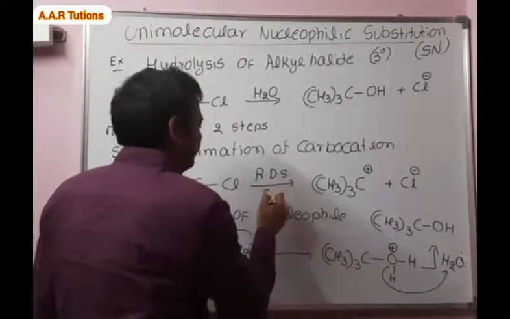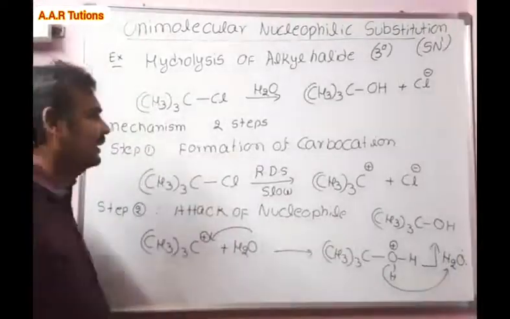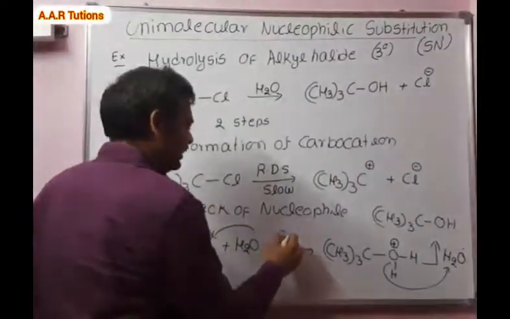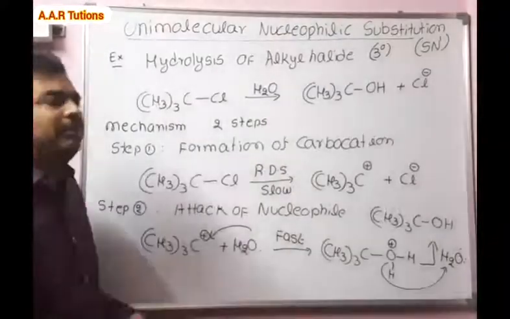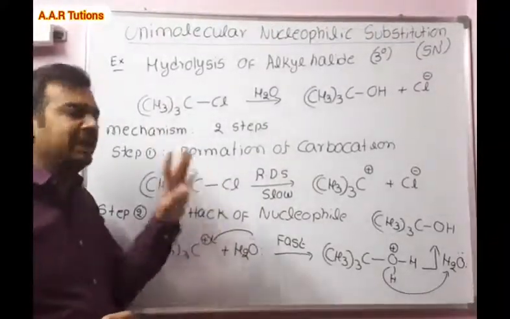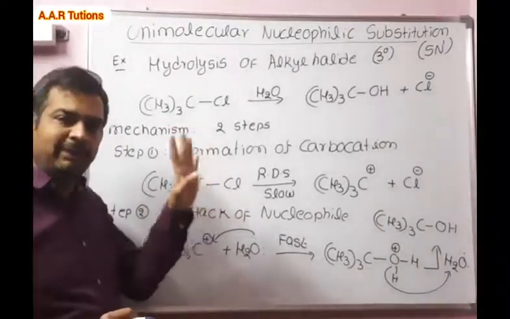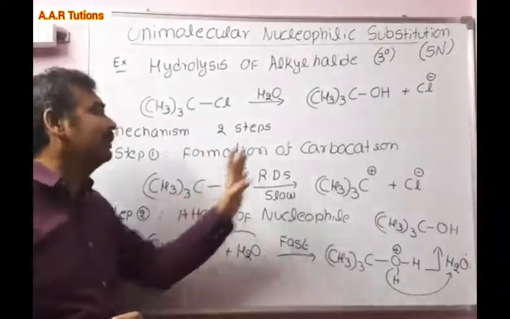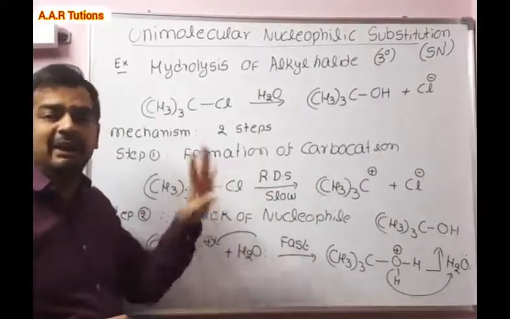This is a slow step, whereas the second step is the fast step. Formation of carbocation is the slow step, that is the rate determining step.